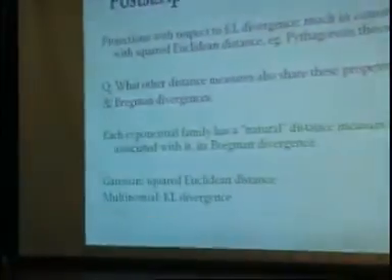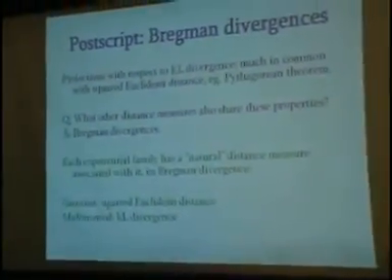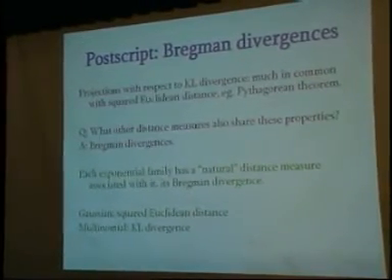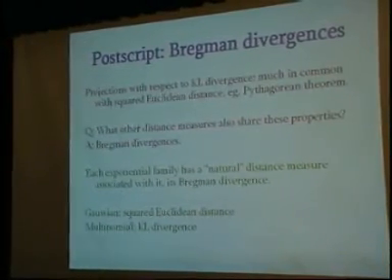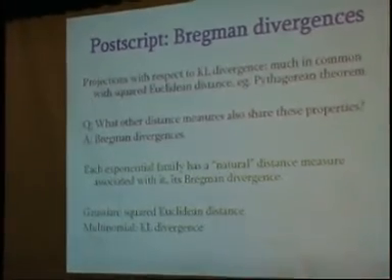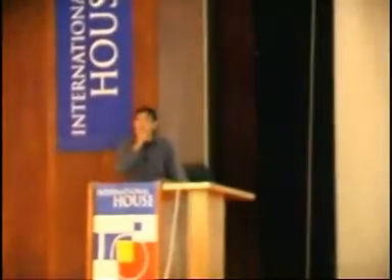This is because if you look at the contours of equal density for a spherical Gaussian, they're concentric spheres. So the natural distance measure for a Gaussian is just the squared Euclidean distance. You can tell the density of a point by measuring its squared Euclidean distance from the center of the Gaussian.